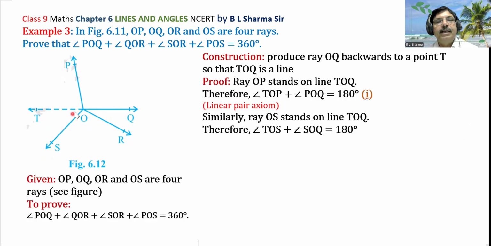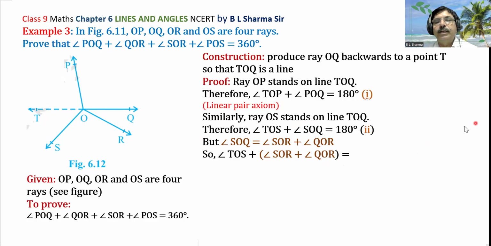But this angle SOQ we can also write as angle SOR plus angle QOR, so angle SOQ is equal to angle SOR plus angle QOR. So angle TOS as it is, and in place of angle SOQ write angle SOR plus angle QOR, that is also equal to 180 degrees.